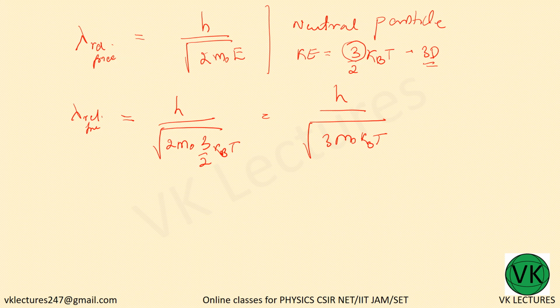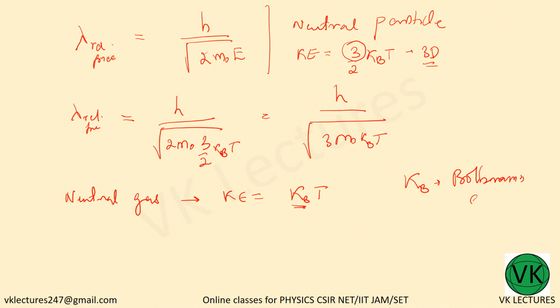Now let us see for neutral gas particles. For a neutral gas particle, we consider total kinetic energy equal to kBT. What is kB? kB is the Boltzmann constant.